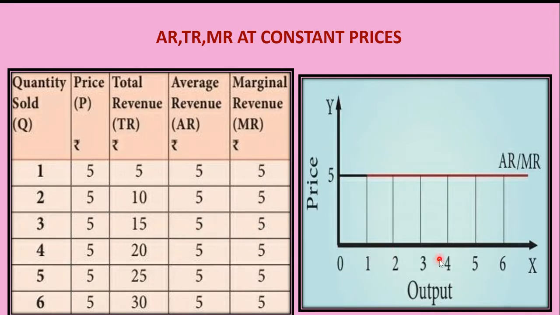For the fourth product, AR is 5, MR is 5. So when I join all these points, my AR and MR coincide with each other and it is a horizontal straight line parallel to the x-axis.